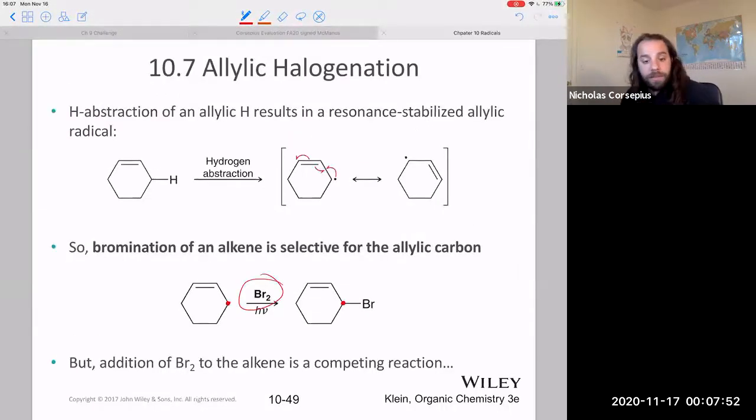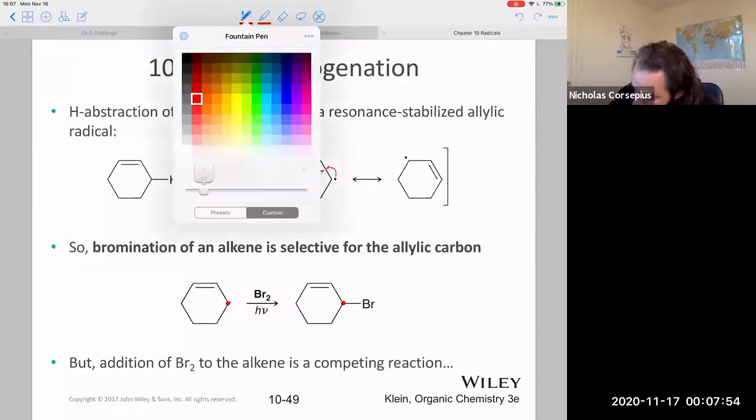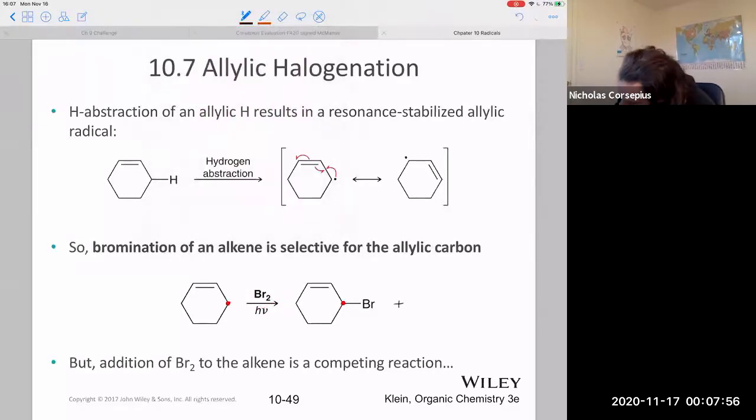You would get a mixture of the addition product as well. We know that Br2 reacts with alkenes to form that addition product, and that would not be a radical type mechanism.